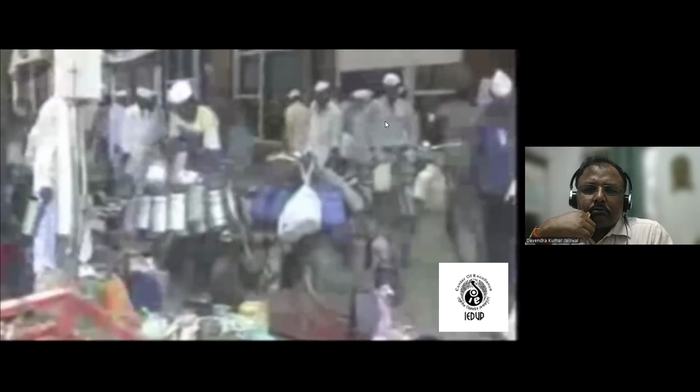Also mind that this Dabbawala's business is 114 years old. The average age of a Dabbawala is 52 years. There is no retirement age. Many Dabbawalas are third generation inheritors of the business. People changed. Distances multiplied, complexities and sophistication in urban life increased.